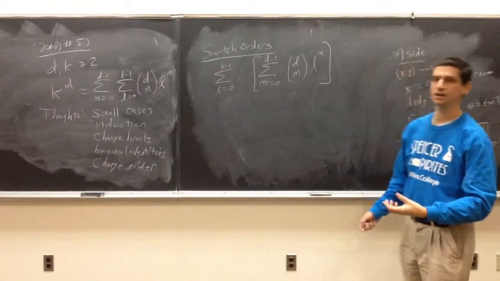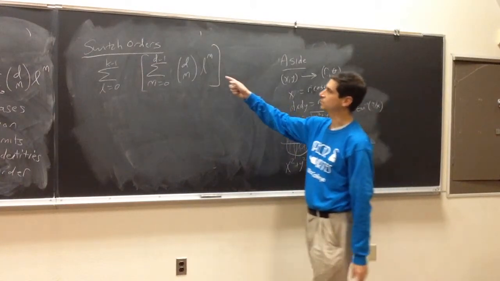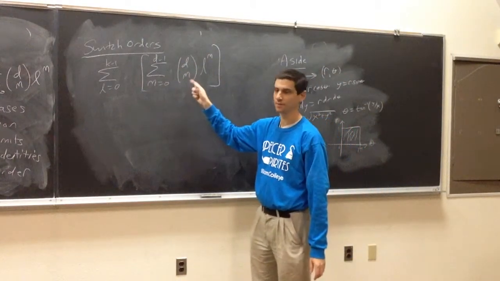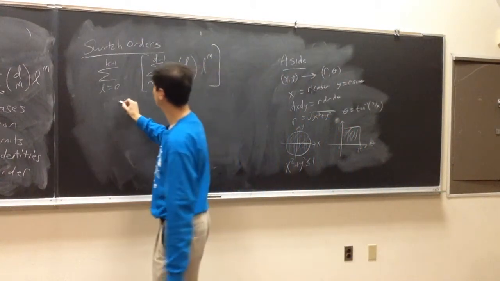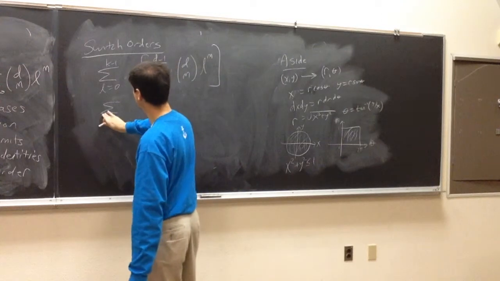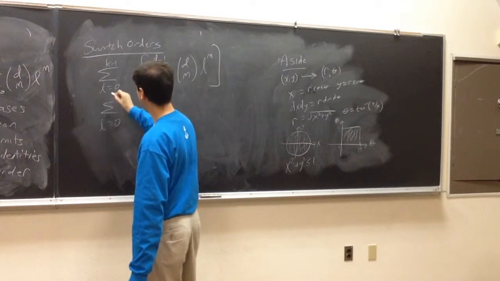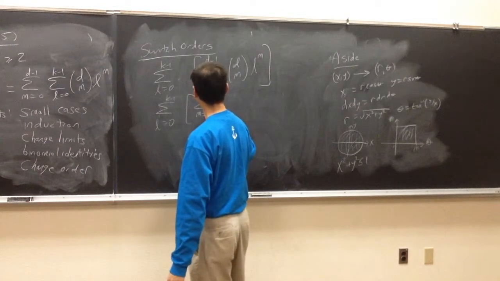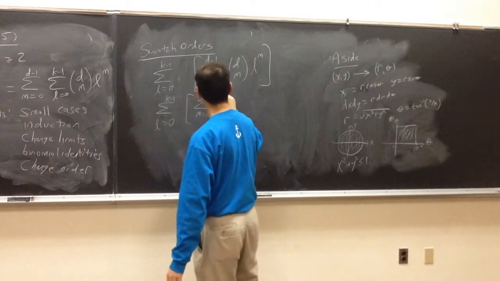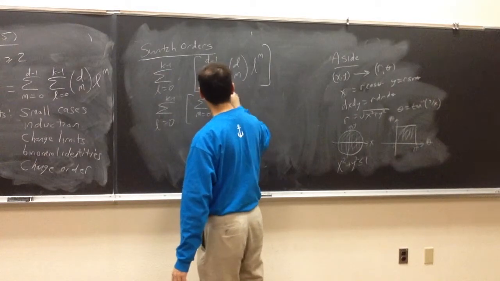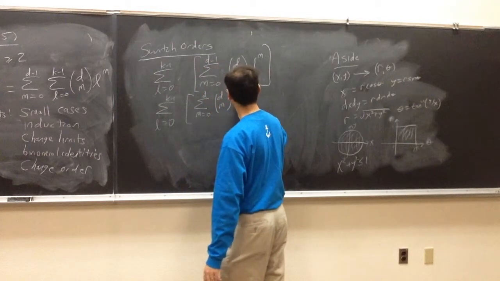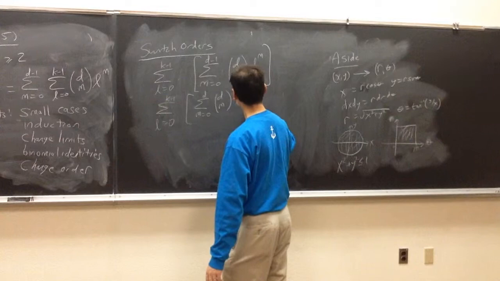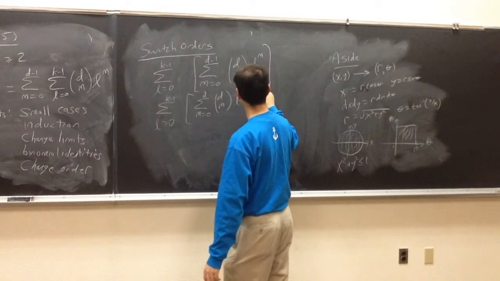If we look at what we have here, we have something that looks like the binomial formula. I'm going to write this a little bit more carefully. It's the sum, l goes from 0 to k minus 1, of the sum, m goes from 0 to d, of d choose m, l to the m, 1 to the d minus m.